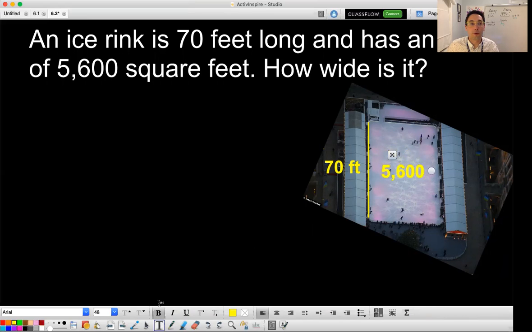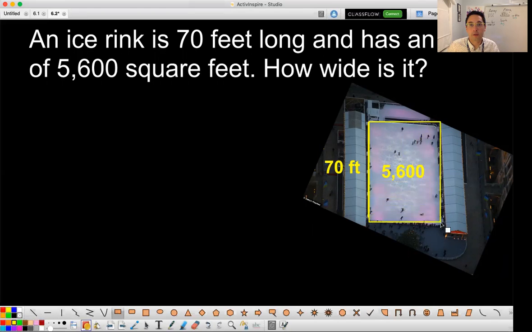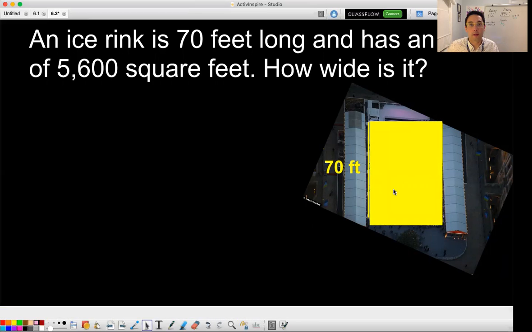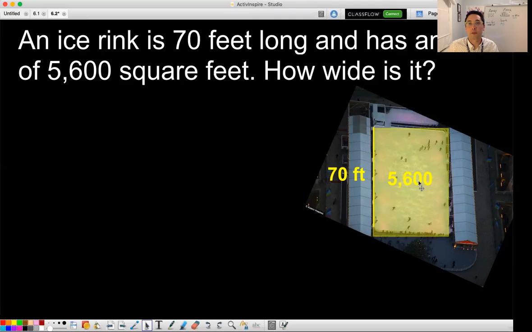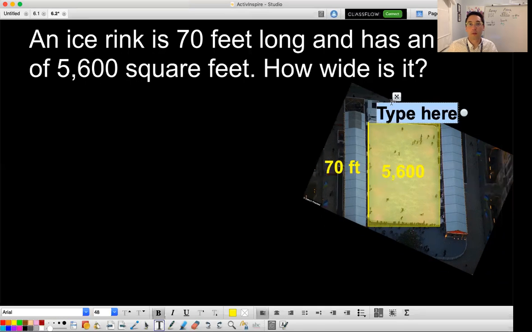So this whole space is 5,600 square feet. So that means that we know that there are 70 of these feet, but we don't know how many feet it is wide.